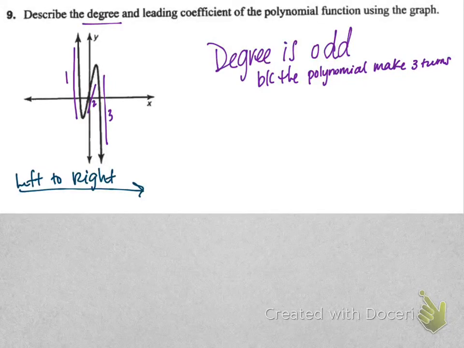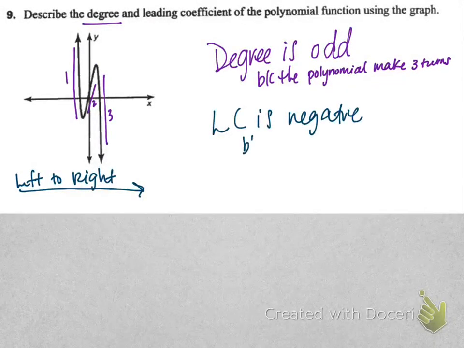Okay, there we go. All right, so we read our graph from left to right. So as we're moving from left to right, we can see that its final turn is going downwards. And because its final turn is going downwards, we know that the leading coefficient is going to be negative.